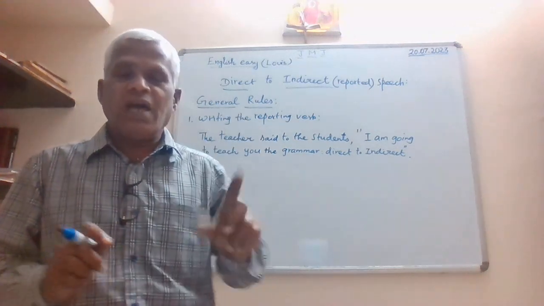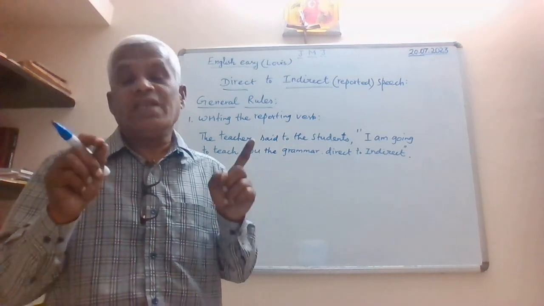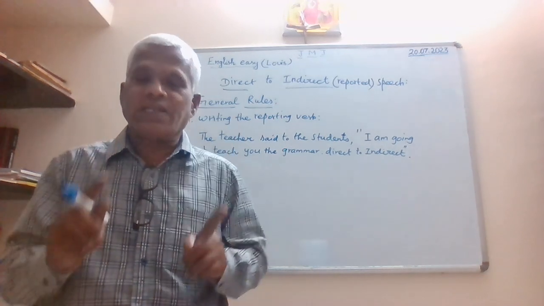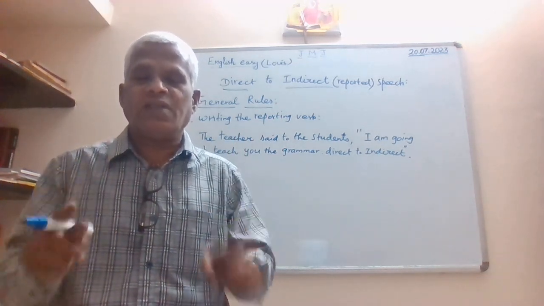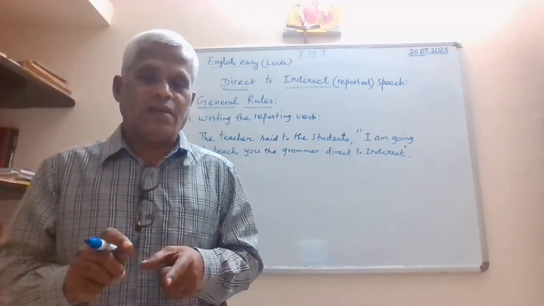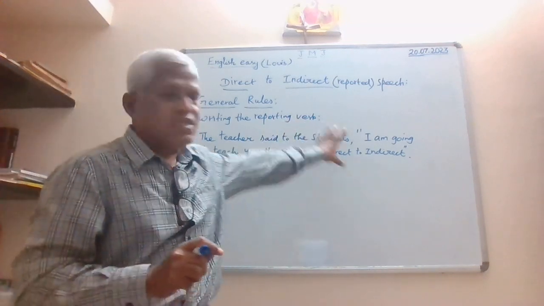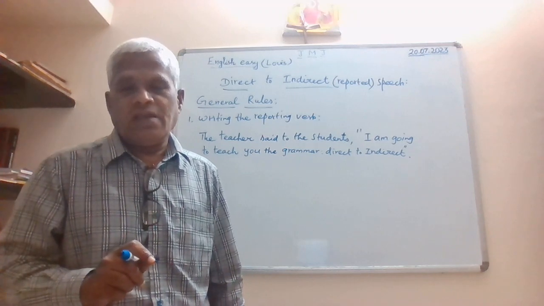And the words that are written inside the inverted commas, we must understand those are the words spoken by the speaker himself or herself. So that you must be very clear. So naturally this sentence is an example of a direct speech sentence.